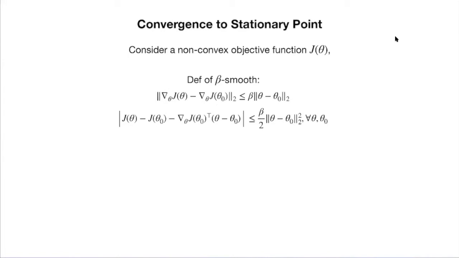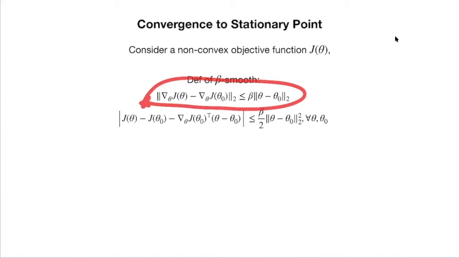We need some assumptions on the function. These two equations look complicated, but let's first stare at the first inequality. This basically says that the gradient of this function behaves smoothly, in the sense that if I change the two inputs a little bit, the change in the two corresponding gradients is not so big.